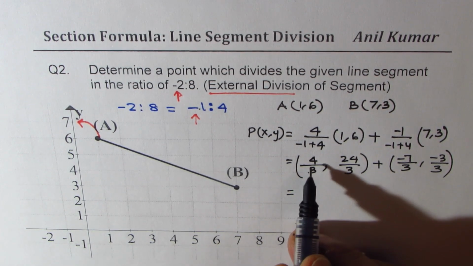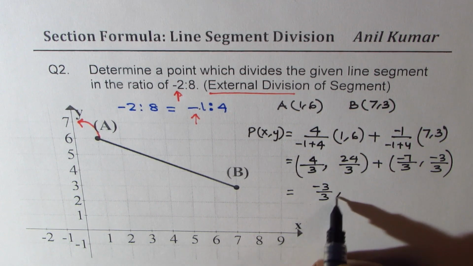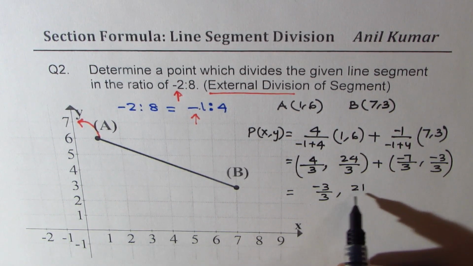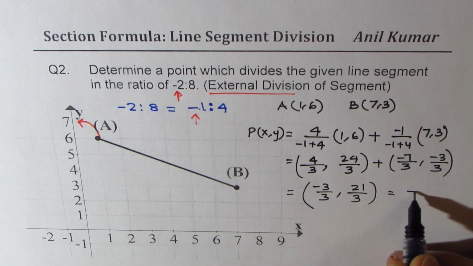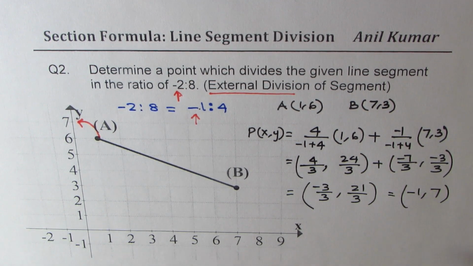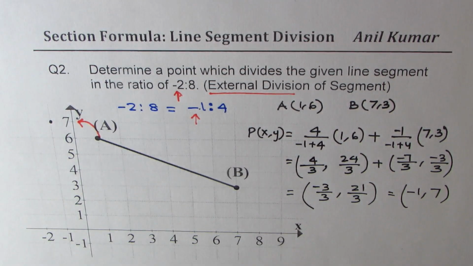What do we get? 4 minus 7 is minus 3 over 3, and 24 minus 3 is 21 over 3. This could be written as minus 1 and 7. So we get a point P which is at minus 1, 7. So minus 1 and 7 is that point for us.